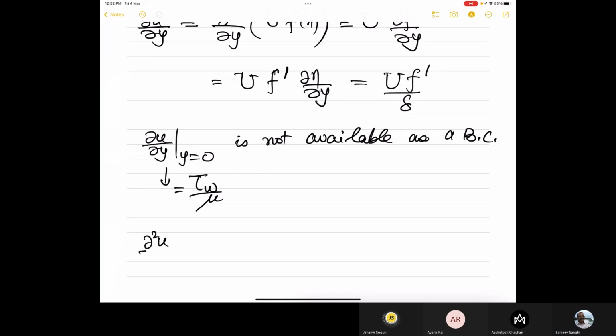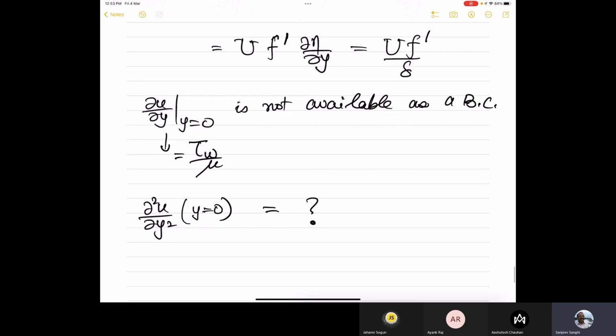What about d2u by dy square at y equal to 0? Is that known from the problem? This is the point I wanted you to understand, and that's why I am doing this.